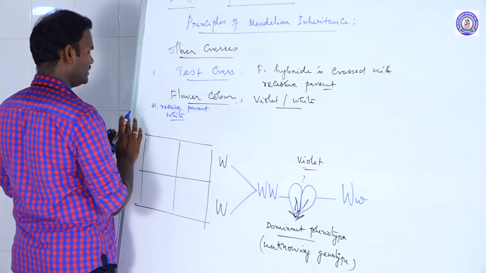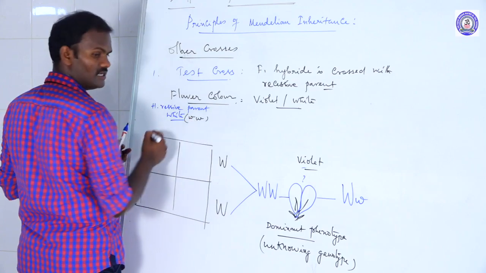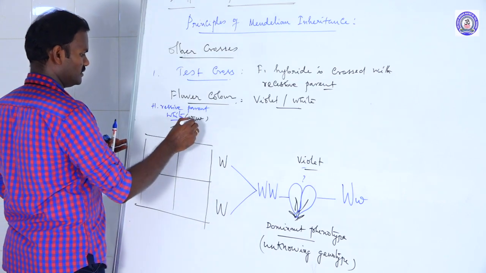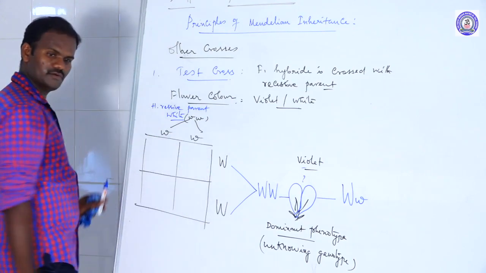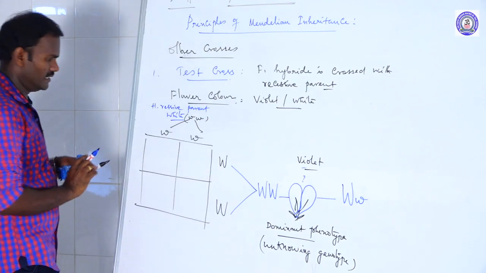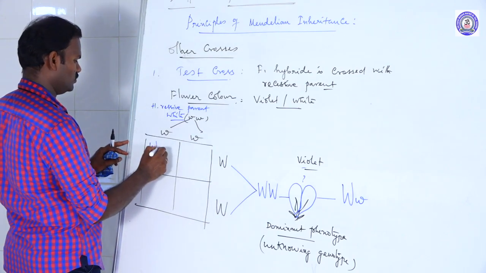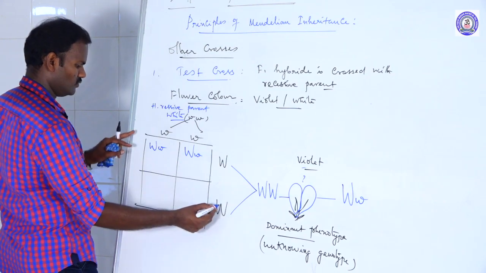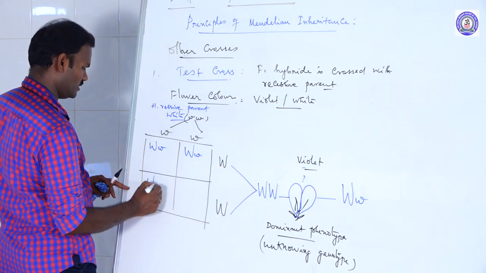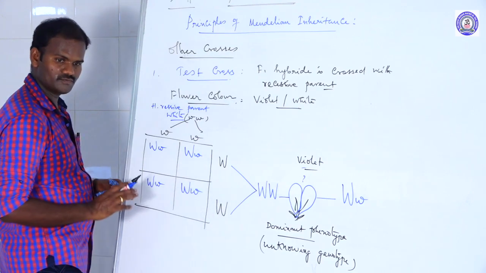White is controlled by the allele small w, and it segregates to different gametes, small w. So if we cross these, we get capital W small w, capital W small w, and here also capital W small w, capital W small w.